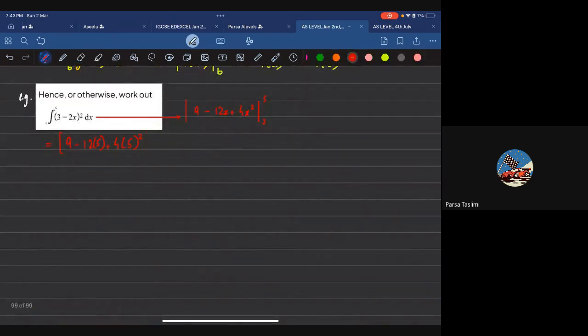Now you're simply going to subtract it from 9 minus 12 times 3 plus 4 times 3 whole squared, which gives you what, guys? Can you calculate it and let me know?